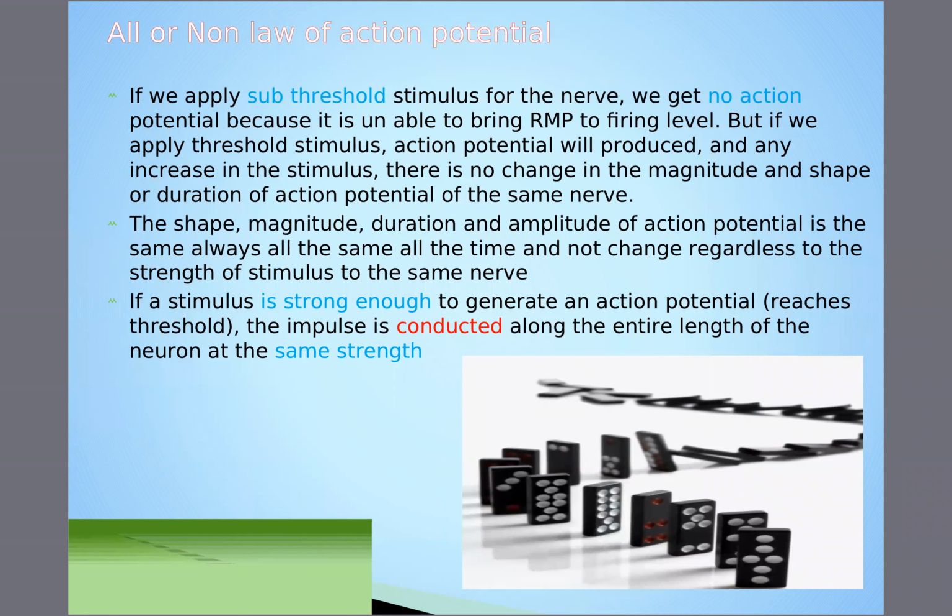The shape, magnitude, duration, and amplitude of the action potential are always the same, regardless of the strength of the stimulus to the same nerve. If the stimulus is strong enough to reach the threshold and generate an action potential, the impulse is conducted along the entire length of the neuron at the same magnitude. Next slide.